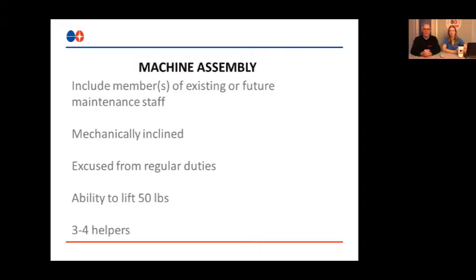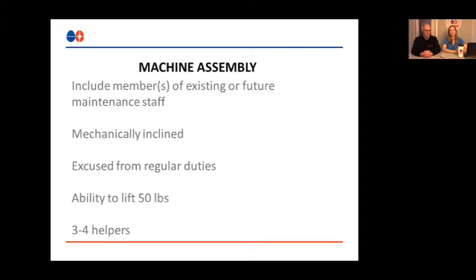If at all possible, it's really important to include current or future maintenance staff in this process. It gives them an opportunity to touch the parts, be involved in the process, and see how the machine went together. They'll get a greater understanding for any future repair or maintenance needs, and also will give them, I think, pride in ownership that they were involved in the assembly of these machines.